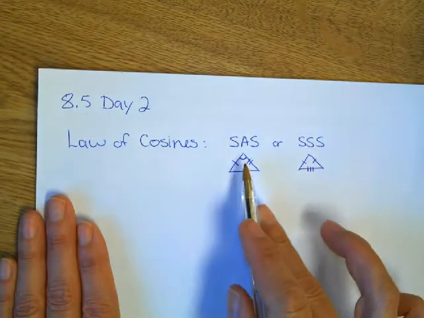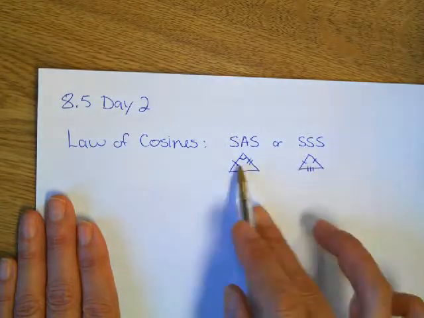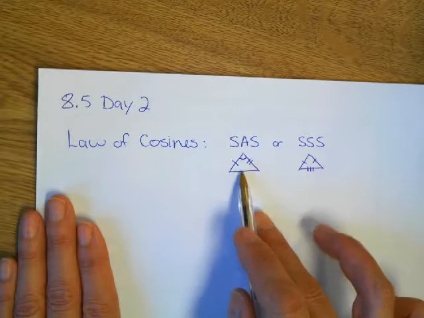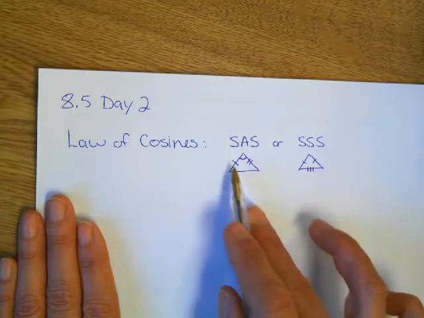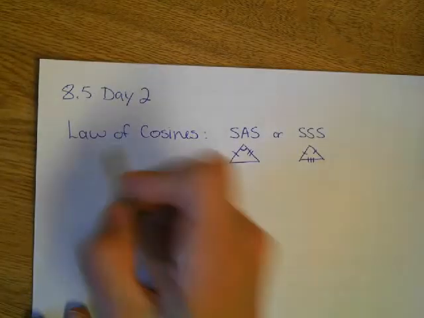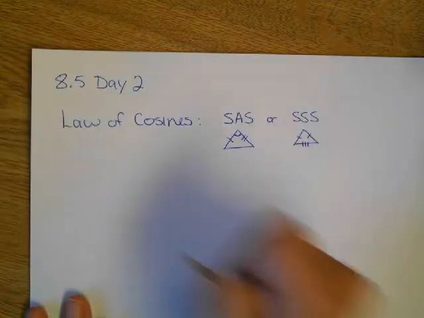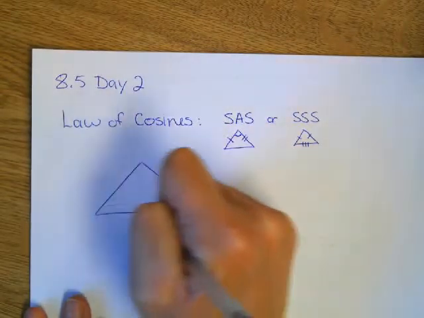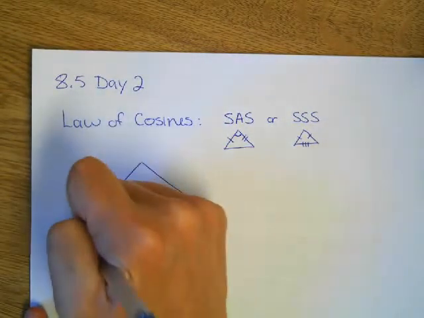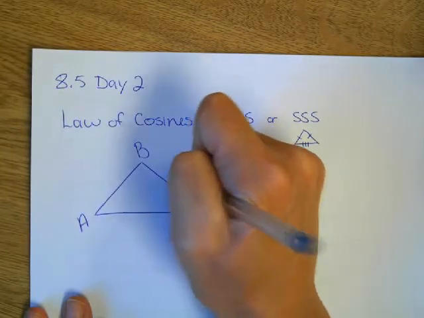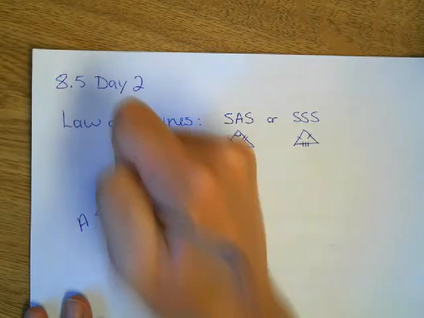You will not be able to use law of sines when these three parts are given, and I'll point that out on the first one when we actually get to it. You can't set up one proportion where you have a side and an angle, so you have to use law of cosines. This one's not nearly as simple to set up as law of sines was. So we've got ABC for our triangle, side A, B, and C.